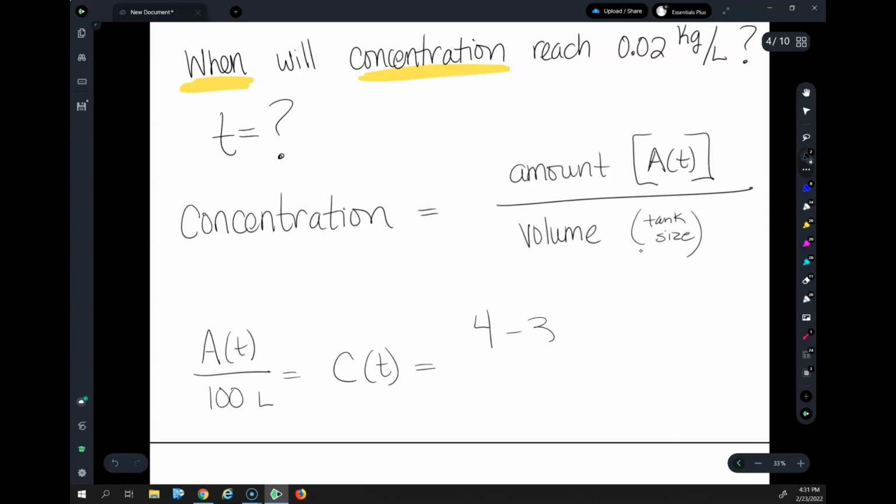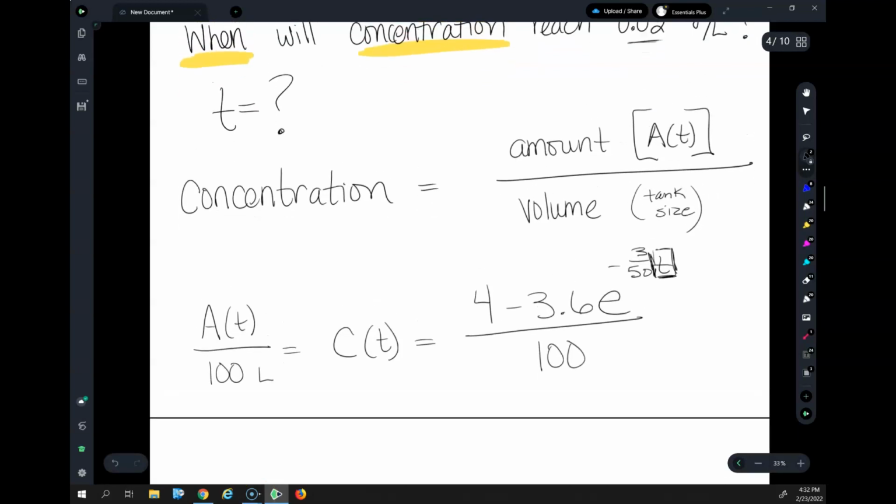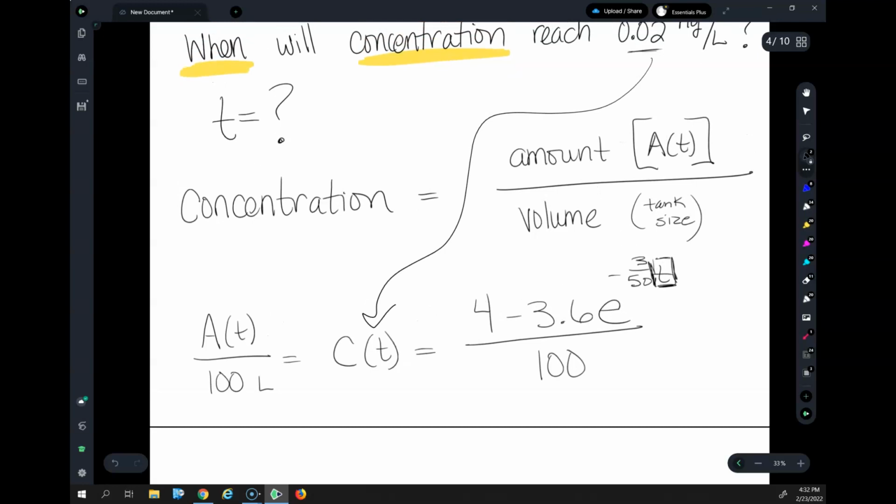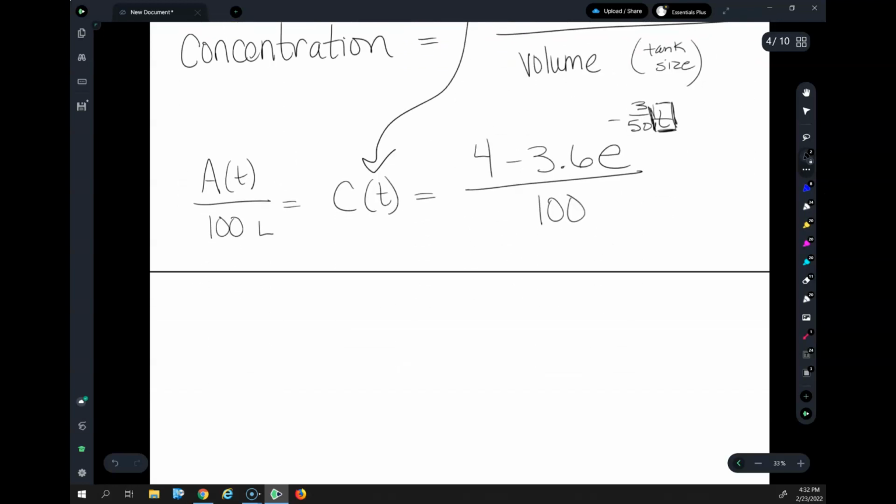So 4 minus 3.6 e to the negative 3/50th t, all divided by 100, and now we've got a concentration formula. We're trying to solve for the t when concentration is 0.02. So we're plugging that concentration in for the c and solving for the t.